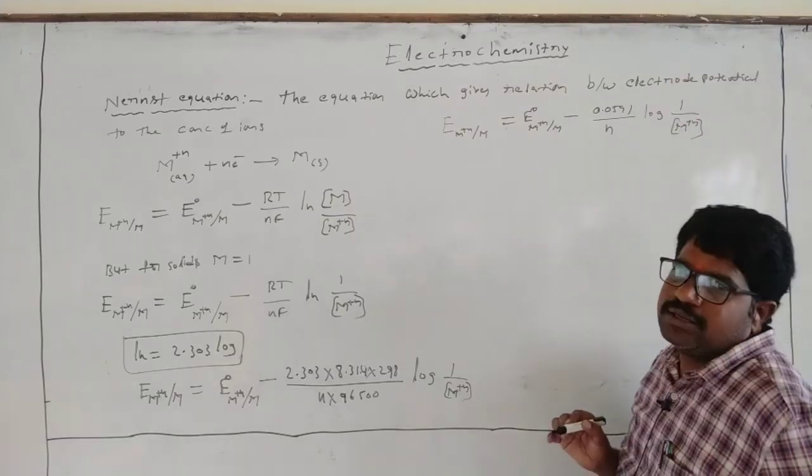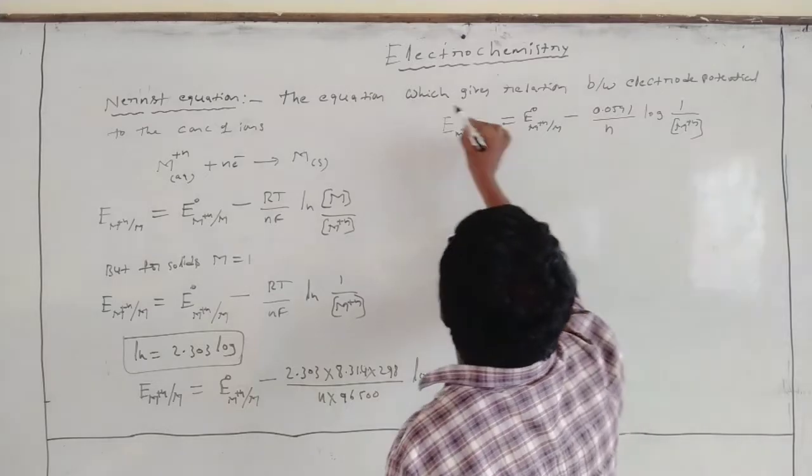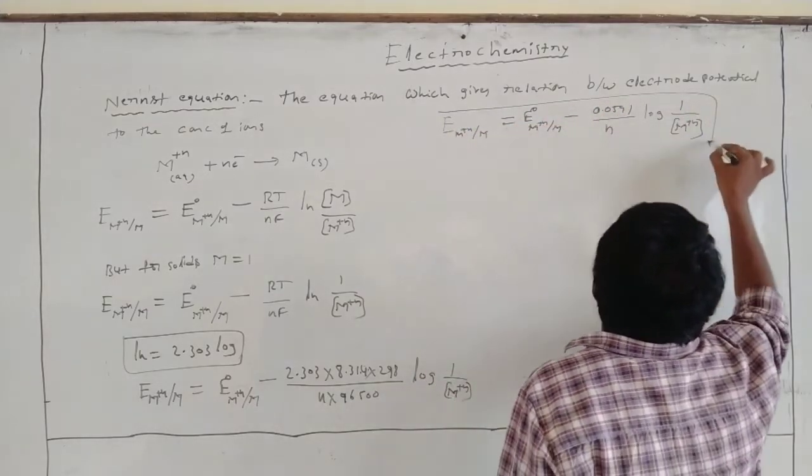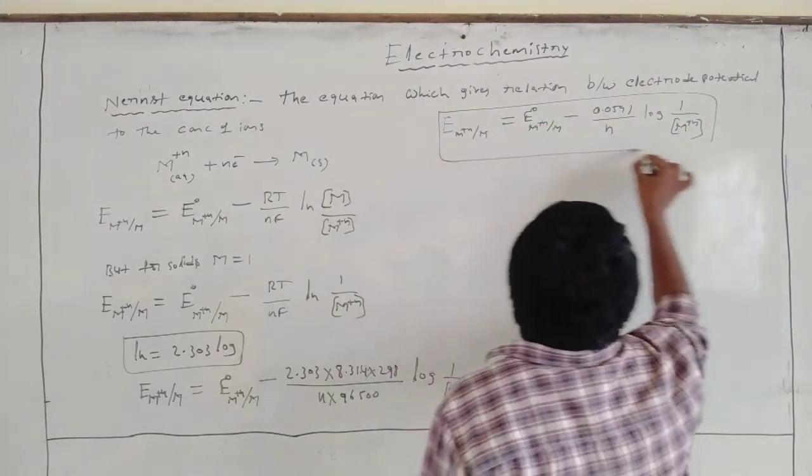This equation is called the Nernst equation.